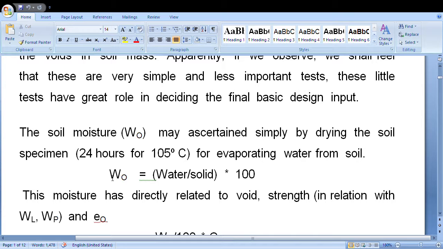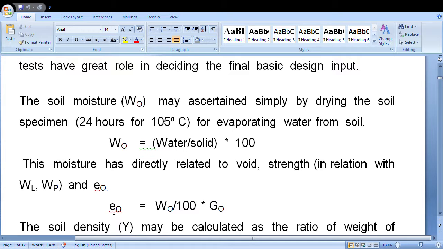This is the relationship of soil moisture content, that is, the weight of water in the soil mass to the weight of solid. It is multiplied by 100, which means it is a percentage. This measure is directly related to voids and strength in relation with liquid limit and plastic limit.